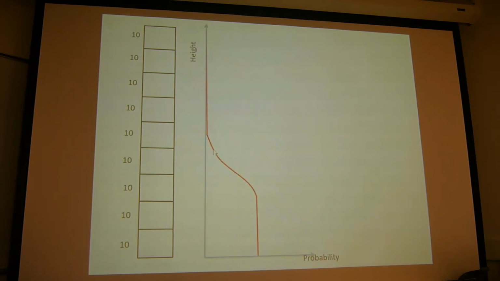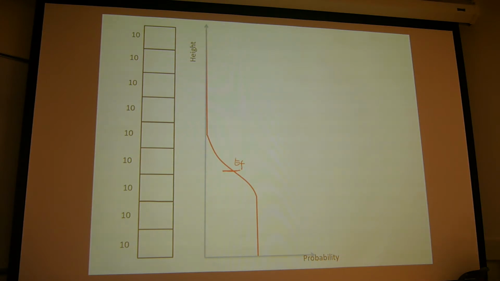Then we need to consider the probability of those electrons according to the Fermi function, where you have EF somewhere here. Then the question is, what is the actual number of electrons in those boxes?